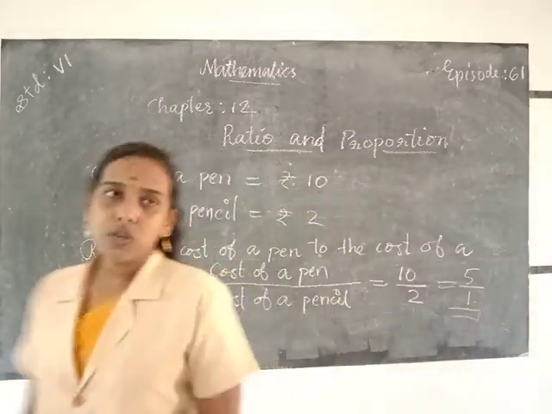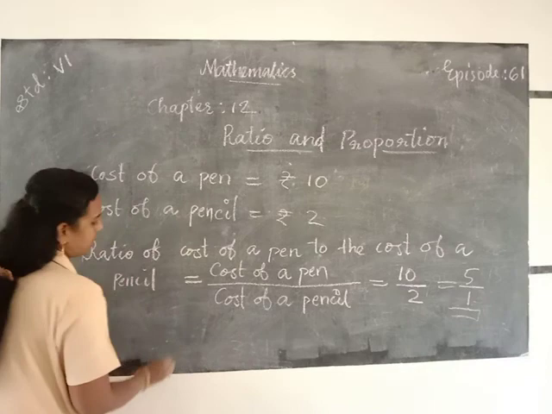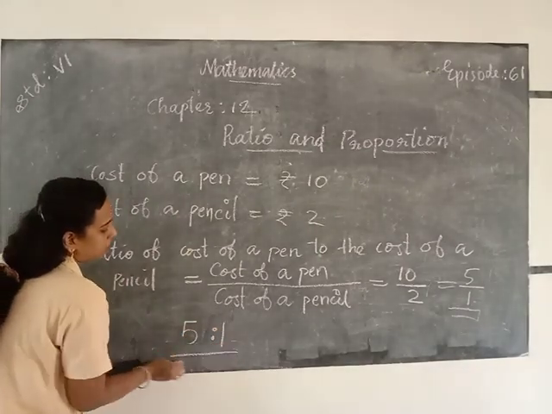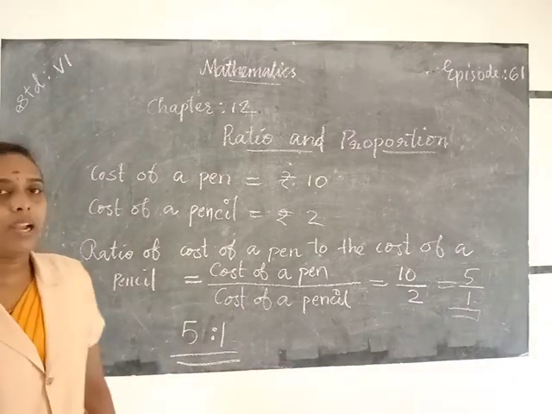Thus the required ratio is equal to 5:1. 5:1 is the required ratio.